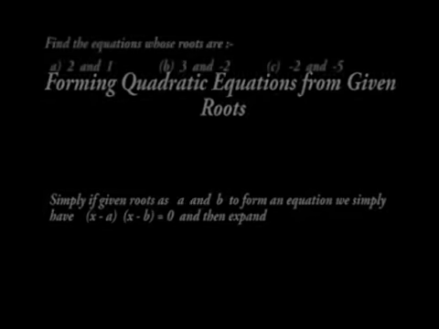For example, find the equation whose roots are: a, 2 and 1; b, 3 and minus 2; and c, minus 2 and minus 5. In our solutions, a, (x minus 2) times (x minus 1) is 0, and we expand, we get x squared minus 3x plus 2 is 0.